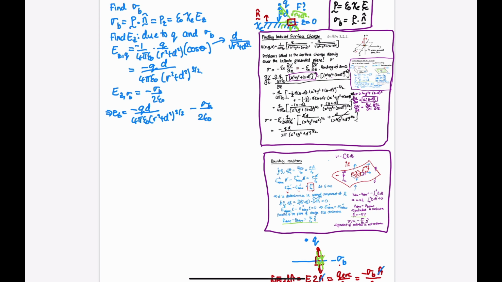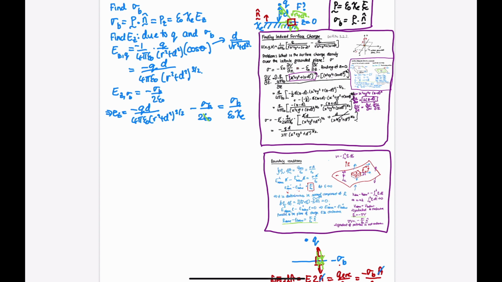And what we're trying to do is find this sigma B. So what we'll do now is replace this EZ here with sigma B over epsilon naught times the susceptibility. Okay, now we're going to rearrange this equation to work out what sigma B is. Let's simplify it a little bit.